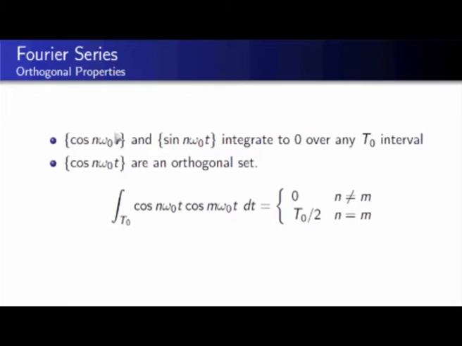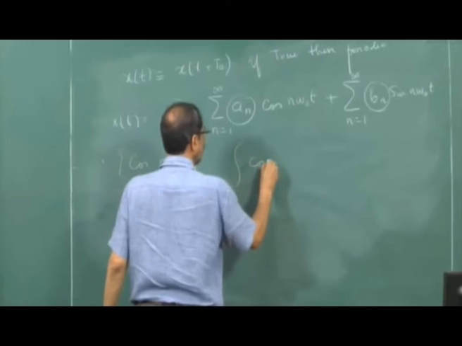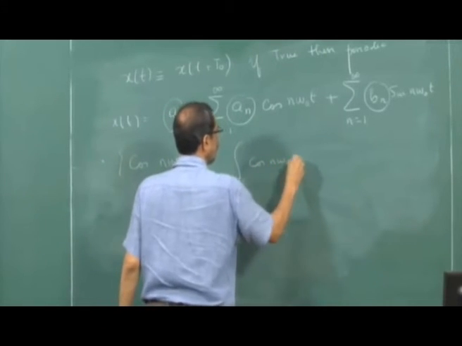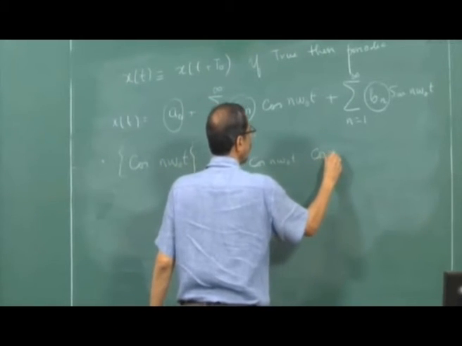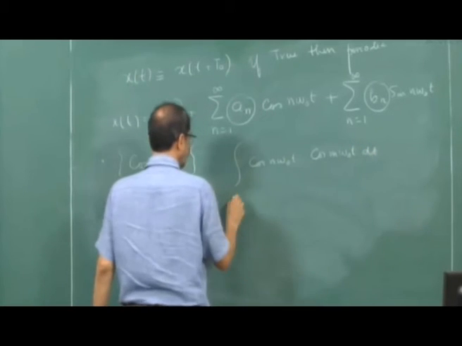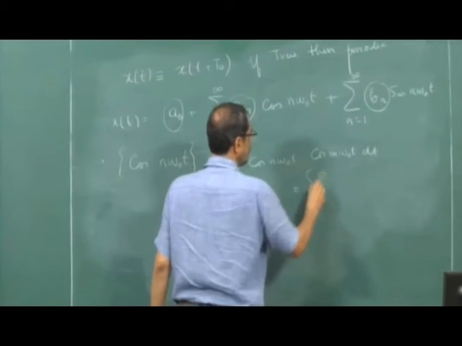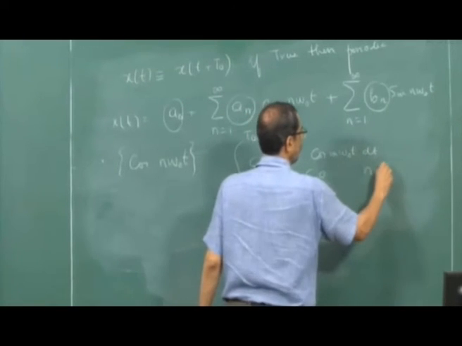Then the second idea is this set of functions. If you look at the cosine set of functions, they are orthogonal, meaning if you integrate the product cosine n omega naught t into cosine m omega naught t over T, this will be 0 as long as n and m are different.